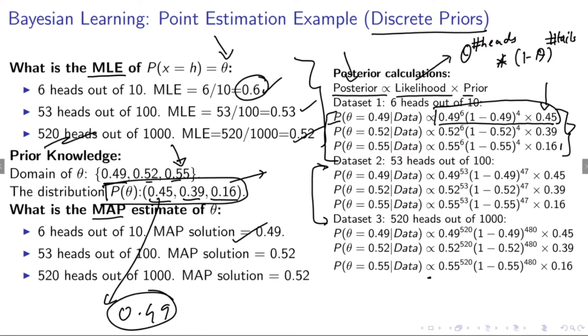When we get 53 heads out of 100, we actually get a MAP solution which is closer to the MLE solution, and when we get 520 heads out of 1000, we get a MAP solution which is exactly the same as the MLE solution.